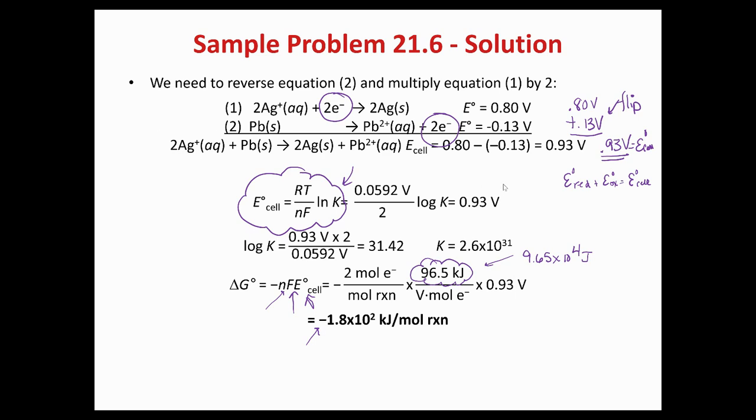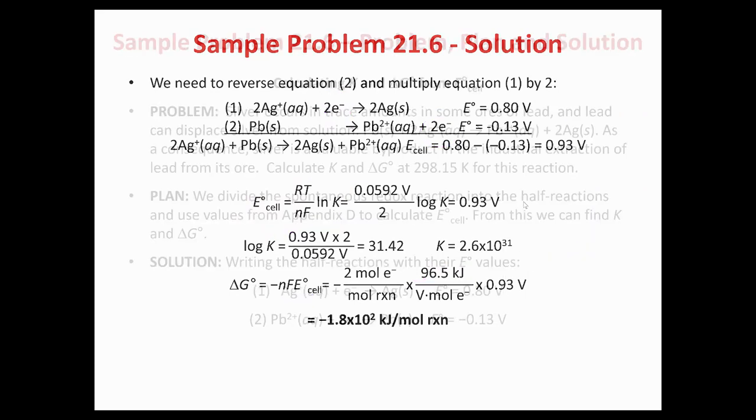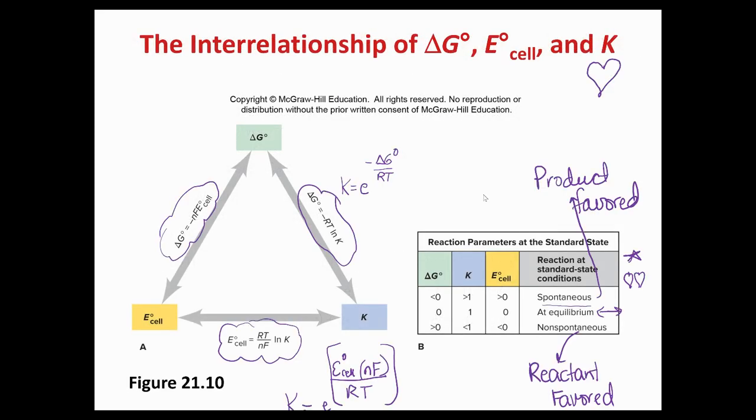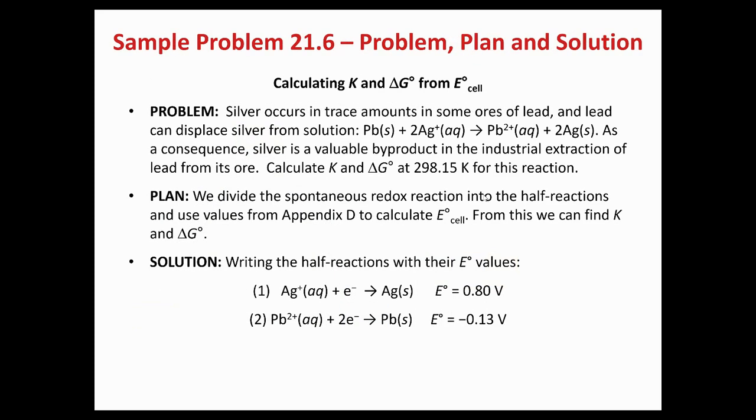So I just want to go back to the previous one to clear something up. A lot of books do this. Go back. If you notice, E naught of cell equals RT over NF ln K. And there are some books that convert that to a log, and they don't tell the students. So they're like, oh, let's just switch to logs.